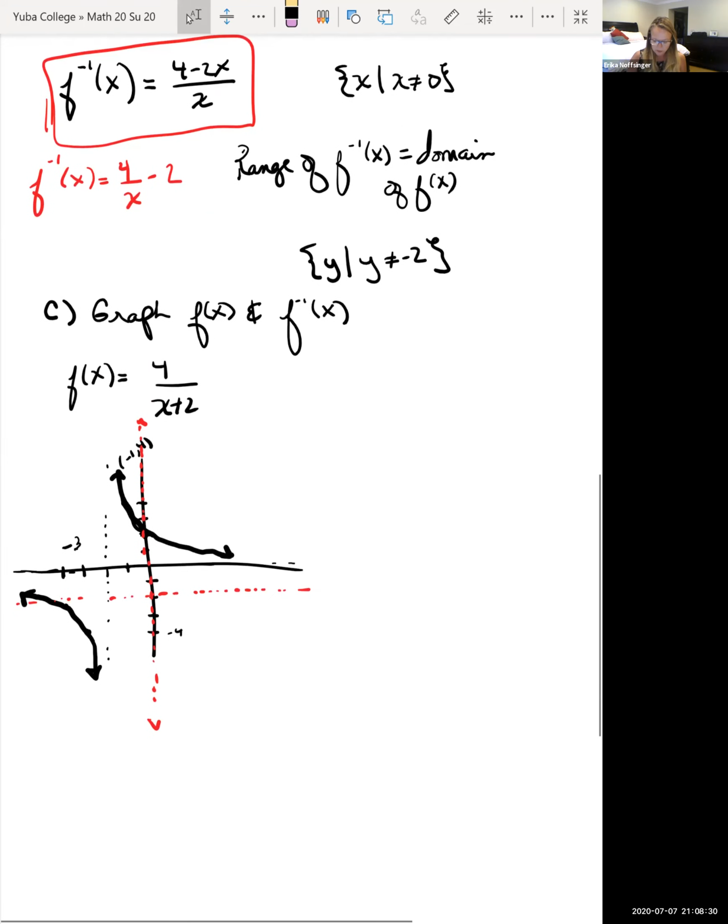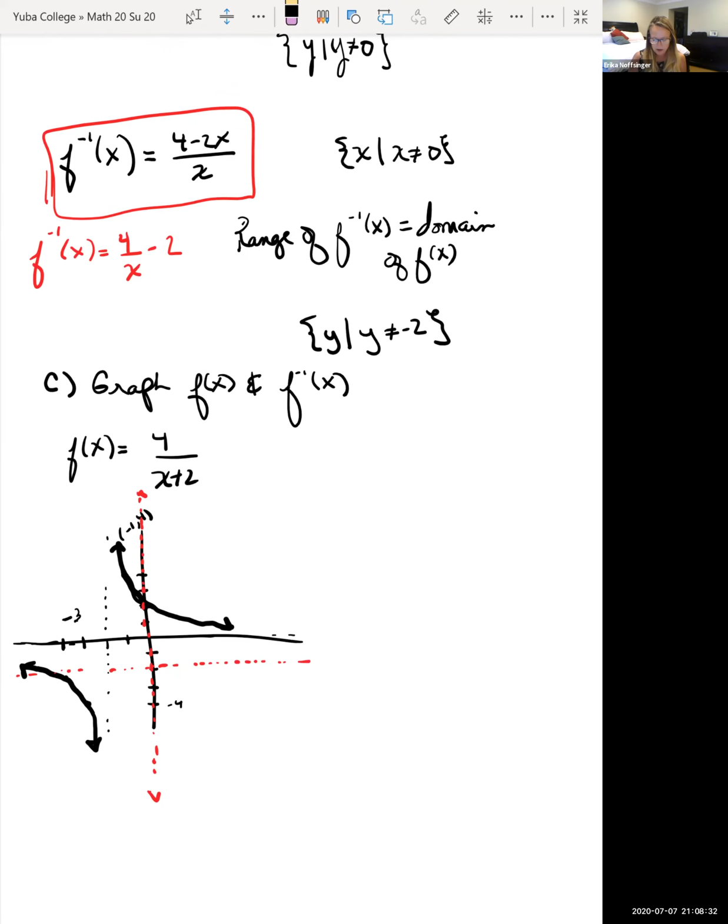Okay, so we talked about shift, we talked about asymptotes for f inverse of x, and so now we can graph it. And so because this is now here, I know this is down here. Okay, so this point (0, 2) was a point, so I know (2, 0) is a point.